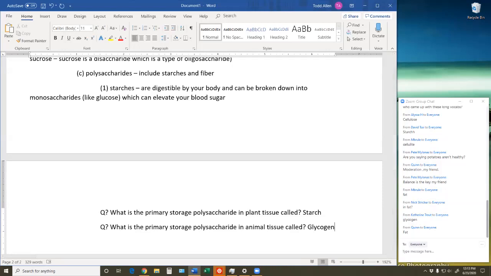Now, for those that answered fat to my question about the primary storage polysaccharide, please understand that things are always more complicated under the surface. The primary storage polysaccharide is glycogen. And folks that suffer from diabetes, their body is not working properly.